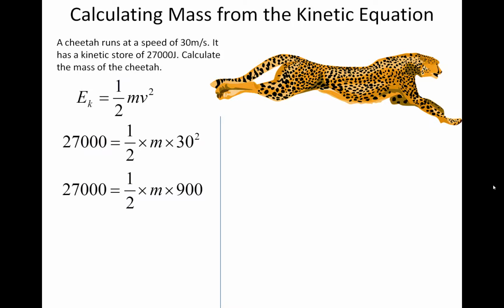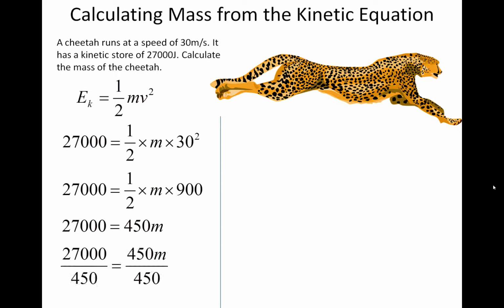A half times 900 is 450, so we now have 450m is 27,000. Well, if 450 of them gives us 27,000, we divide both sides by 450 to tell us what 1m is. And 1 mass, in this case, is 27,000 divided by 450, which is 60 kilograms.